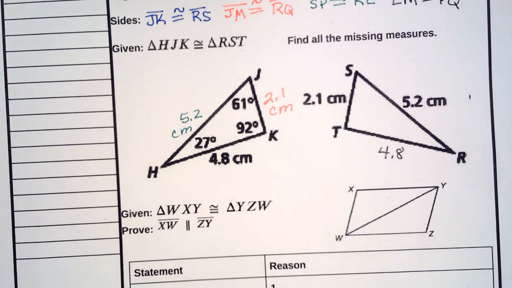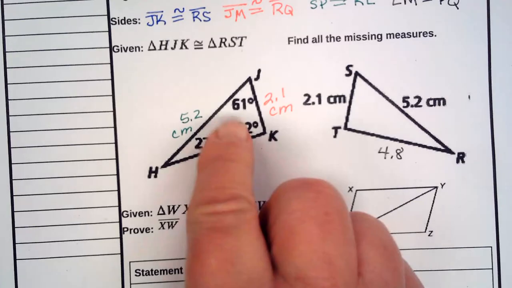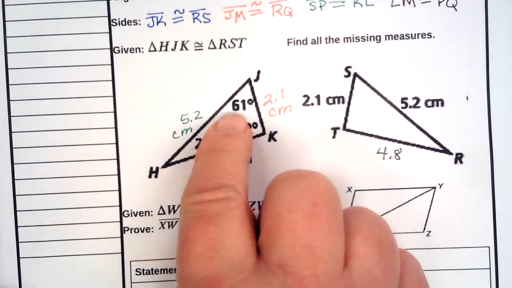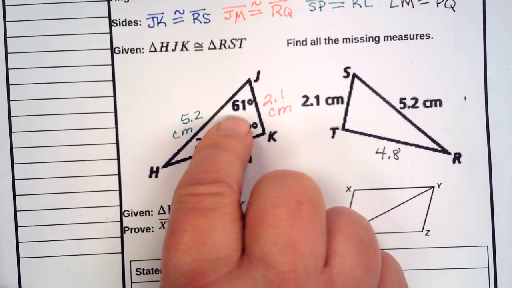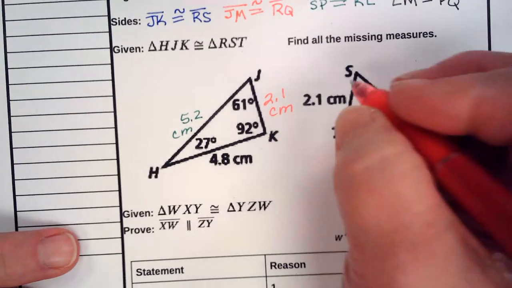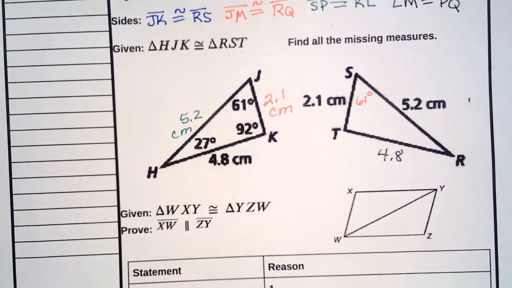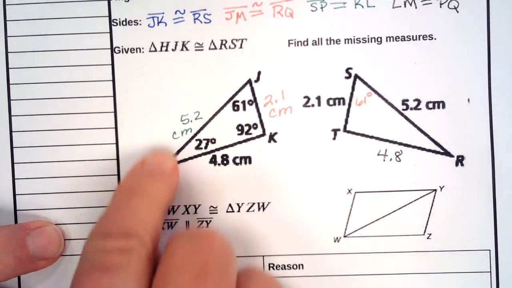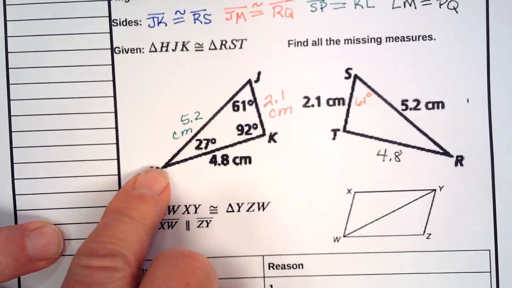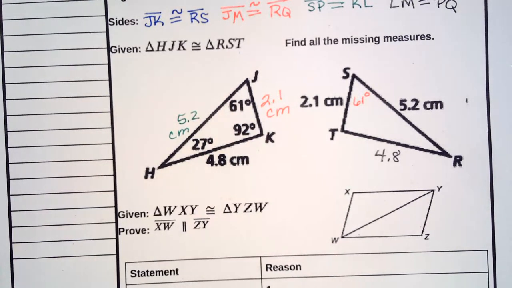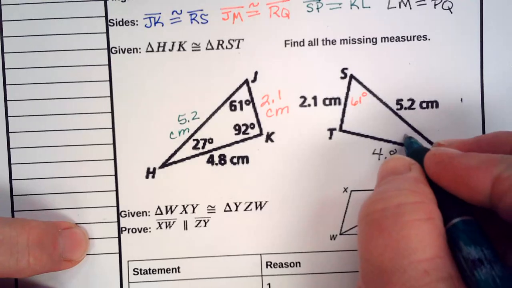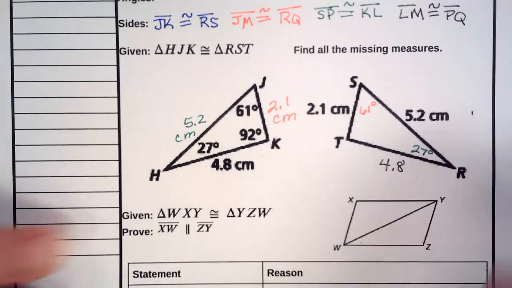So now let's look at our angles. Angle J corresponds to angle S. So angle S is 61 degrees. Angle H corresponds to angle R. Angle R is 27 degrees.